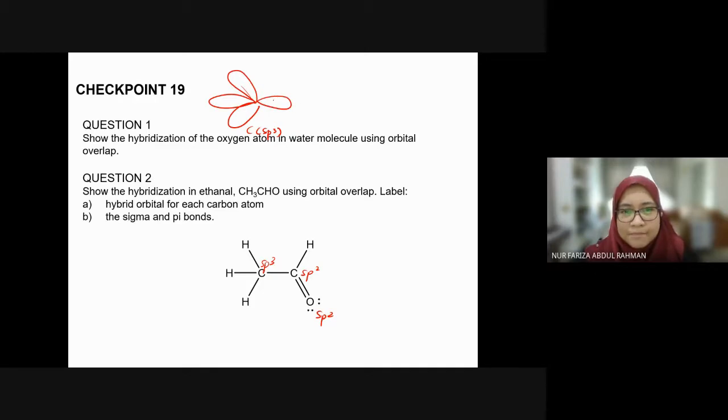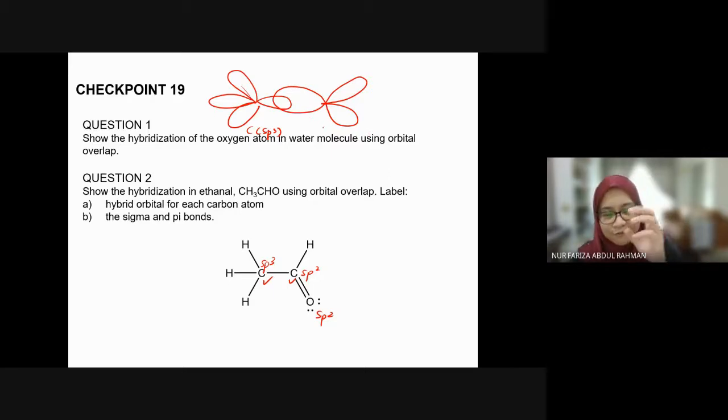Next, sp2, 1, 2, 3. sp2 ada 3 lobes sahaja. So we are done with C1, C2 done. And then how about oxygen? It is also sp2 kan? Tersengit sikit lah, sorry saya terbuat kat bawah ni. Tak apa, asalkan you form bond dengan orbital yang betul.